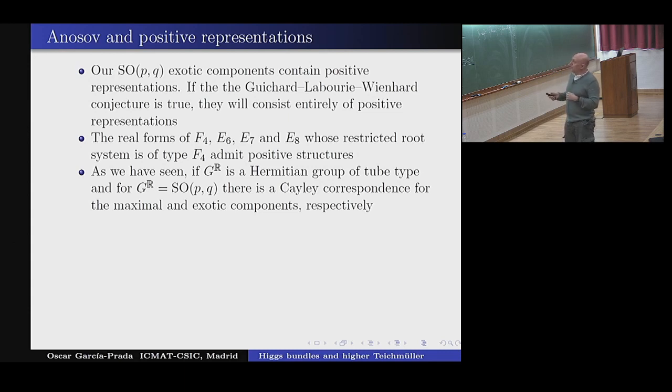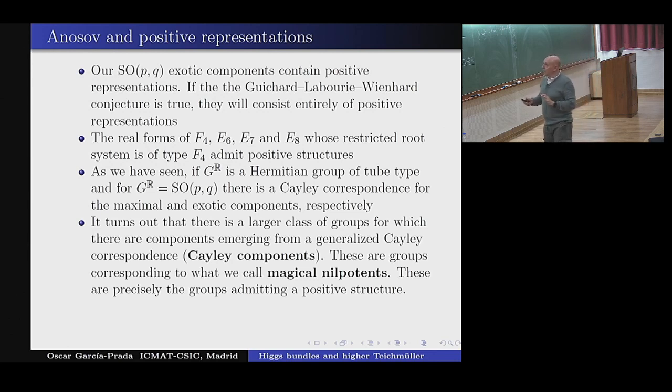We saw that for a Hermitian group of tube type, there is a Cayley correspondence for the maximal components, and also for SO(p,q) there was this Cayley correspondence. So the way in which the special properties of these components manifest is in the existence of a Cayley correspondence.